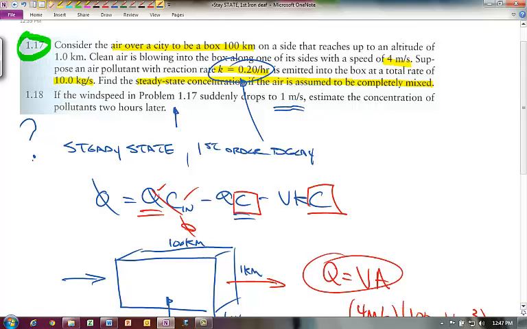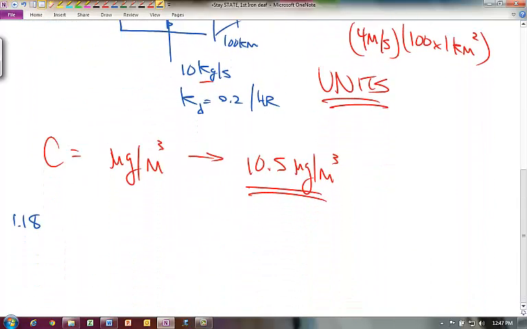We would assume that pollution concentration would increase because we have less clean air coming inside of this reactor. If we were to plot this, we would have concentration as a function of time. This would be our initial concentration when the wind speed drops from 4 meters per second to 1 meter per second, and we would have something that looks like this.